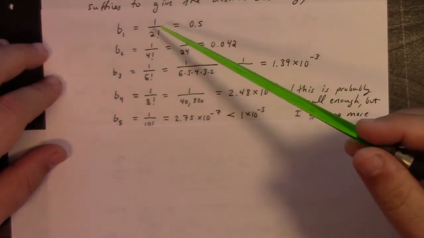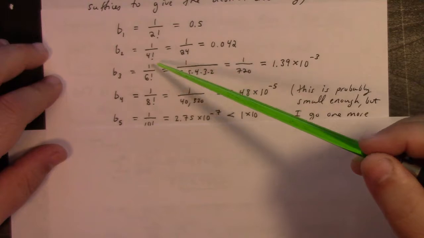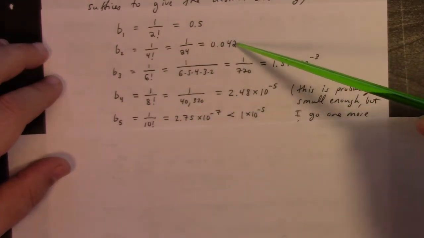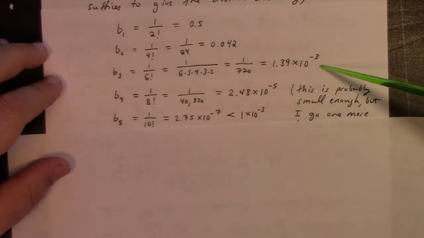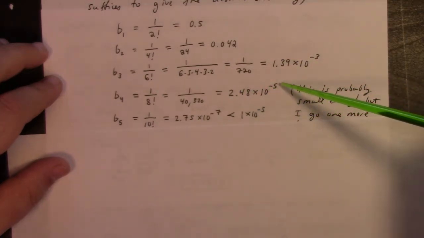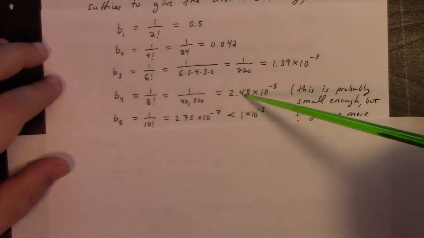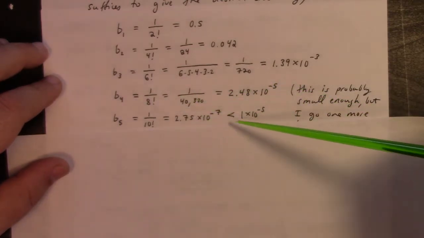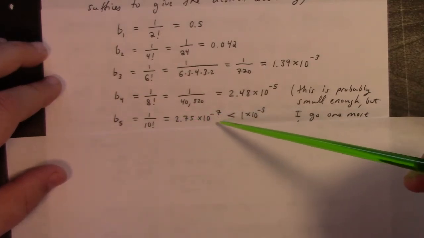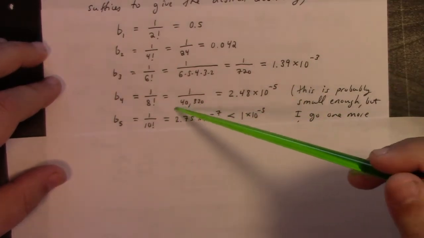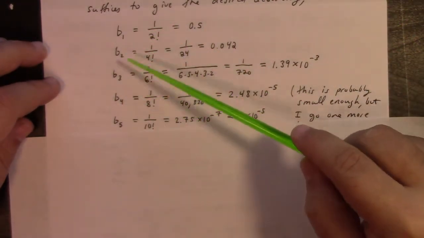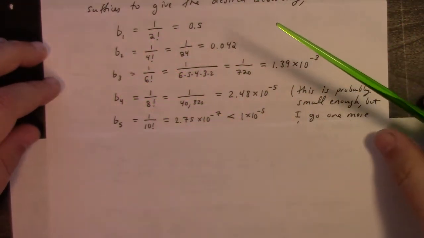So plug in 1, 2, 3, 4, 5. And I get 0.5, 0.042, 1.39 times 10 to the minus third, and 2.48 times 10 to the minus fifth. Now this might actually be small enough, but just to be safe, I went one more. Then we get 1 over 10 factorial, which is actually about 10 to the minus 7th. So this actually would probably give us 6 decimals if we go to the 4th partial sum here.